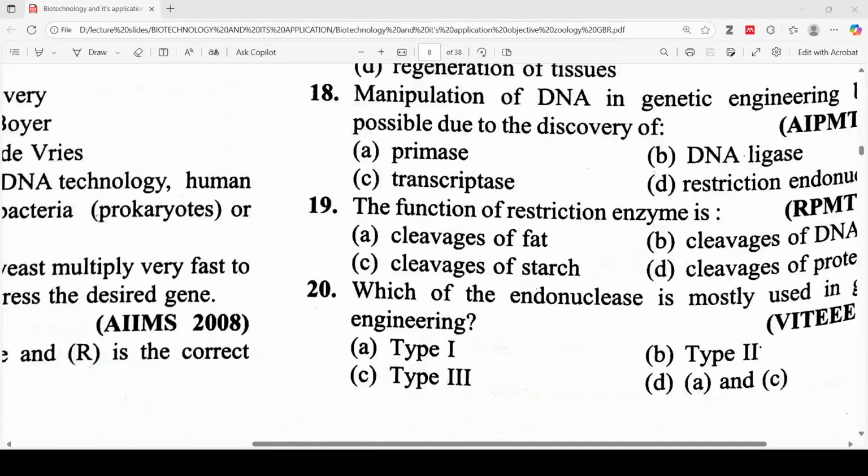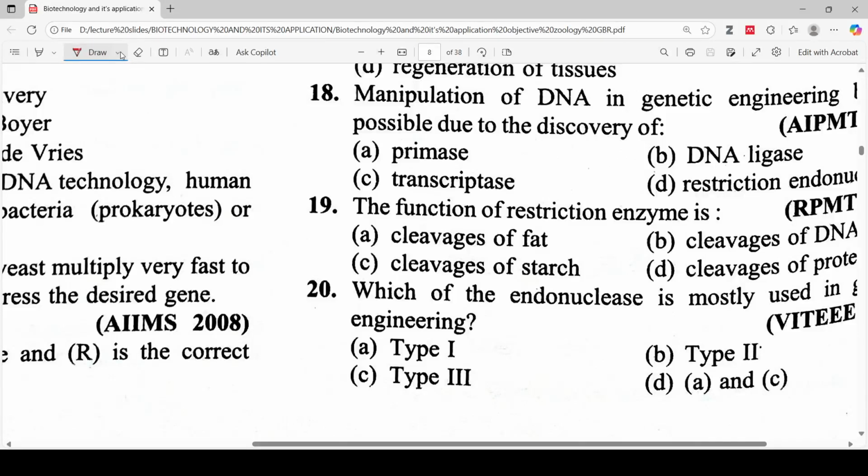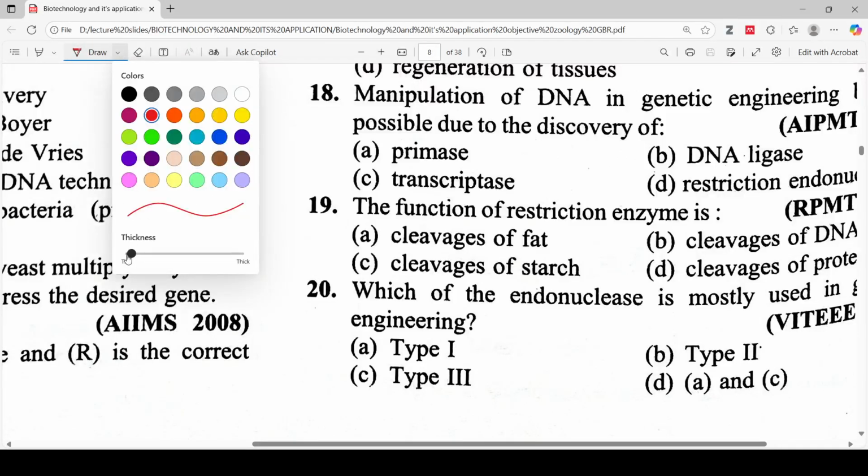Okay, hello. So today I'm going to discuss some questions from biotechnology and its application. So next question is here.